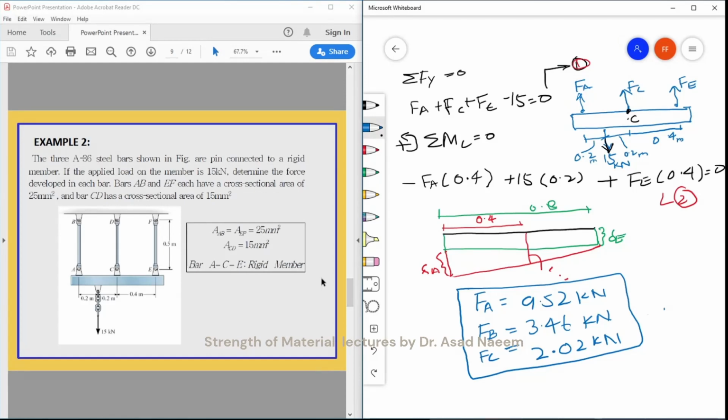सर यहाँ पे हमने C वाले पे डिफॉर्मेशन नेगेटिव लिया ना.